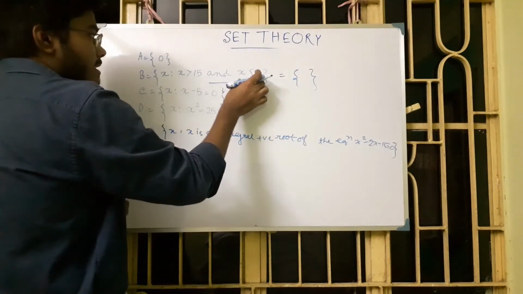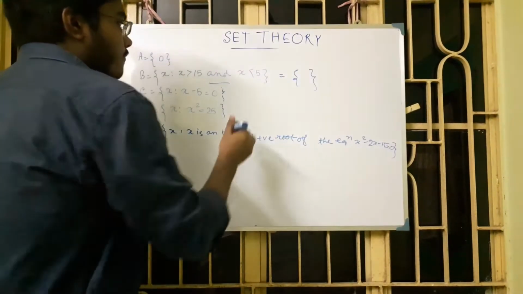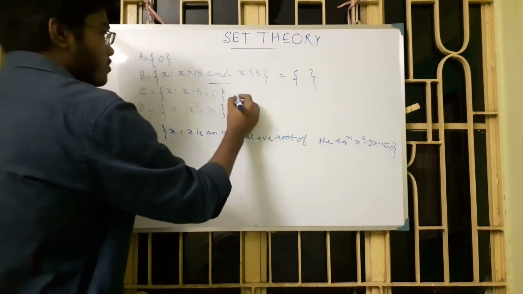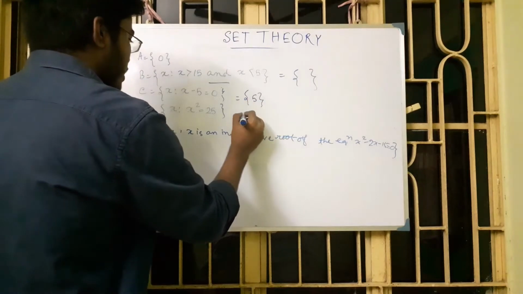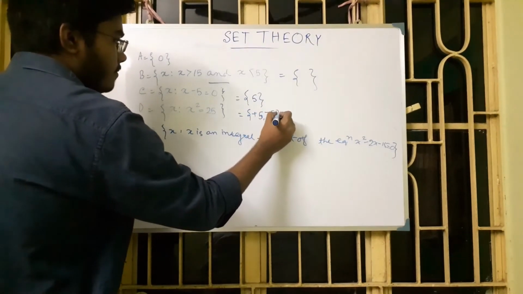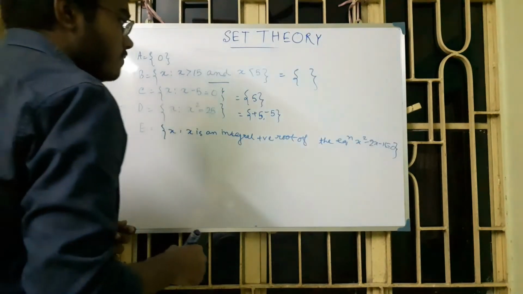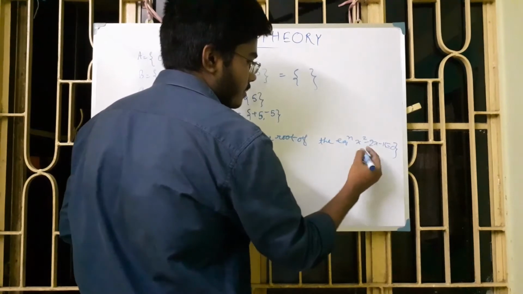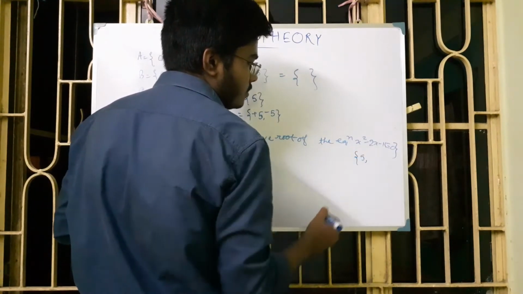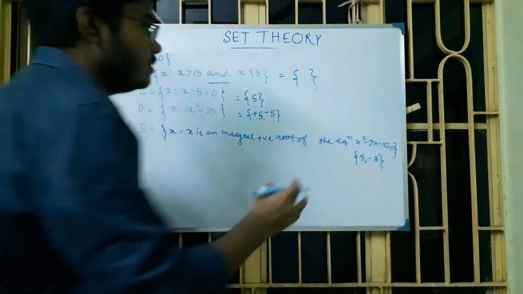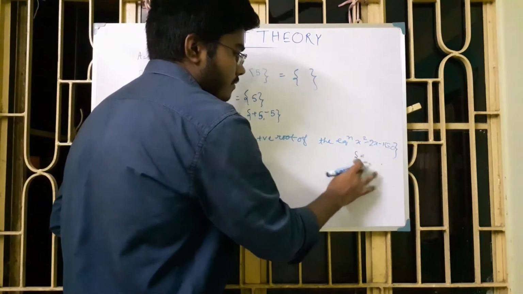So this is the phi set, or null set. x minus 5 equals 0, so this is x equals 5. x square equals 25 gives plus or minus 5, that is 5 comma minus 5. For the positive integral solution, that means only 5.